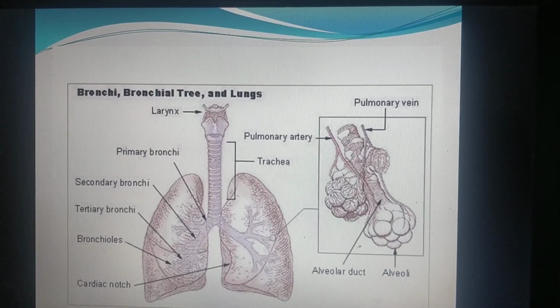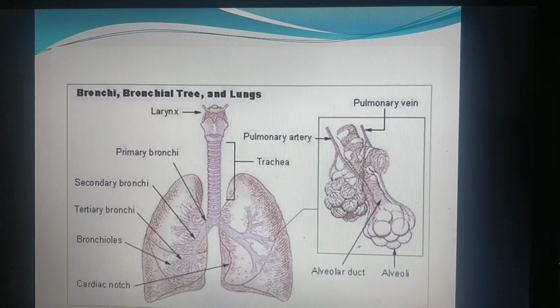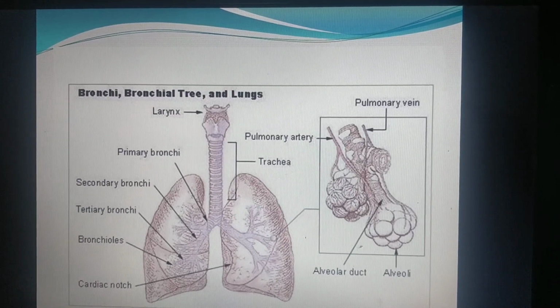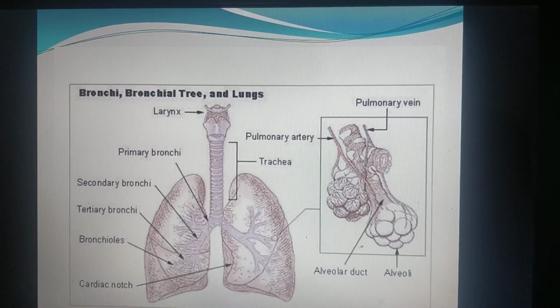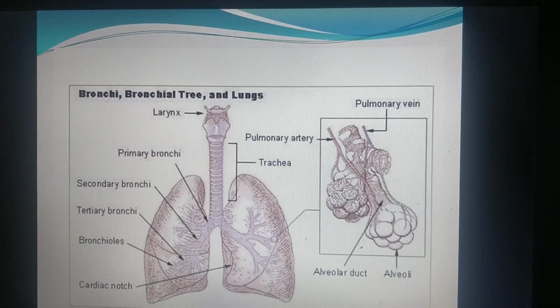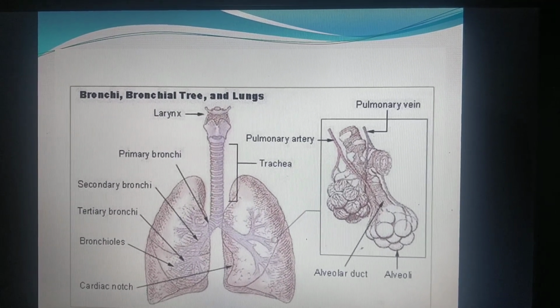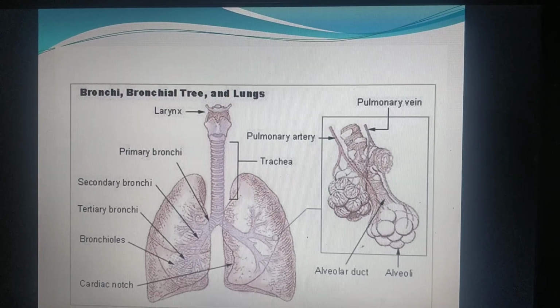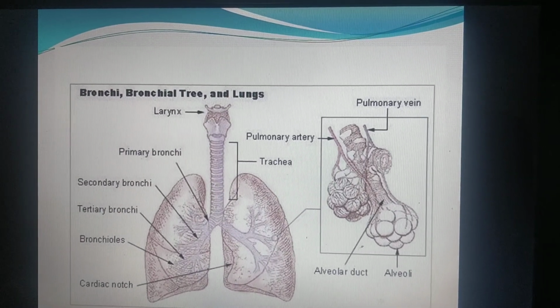And because residual volume remains in the lungs, there is sufficient time for oxygen to be absorbed and carbon dioxide to be released.